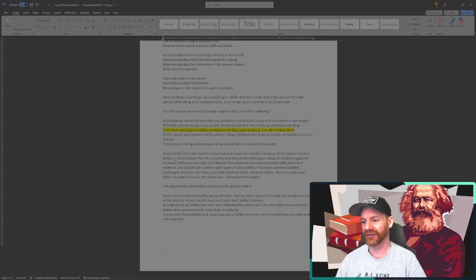This one overlooks the statement made, since we need many beliefs in order to survive. So, overlooks the possibility that some large sets of beliefs are more correct overall than are some small sets of beliefs.